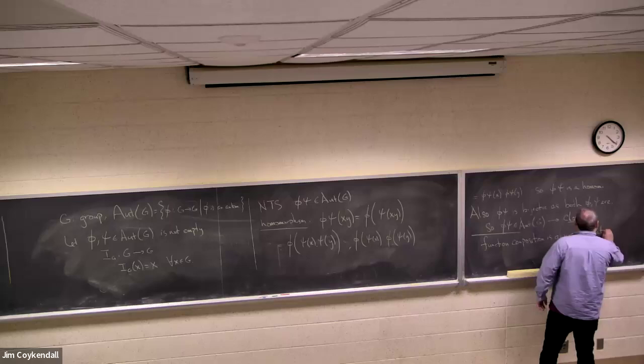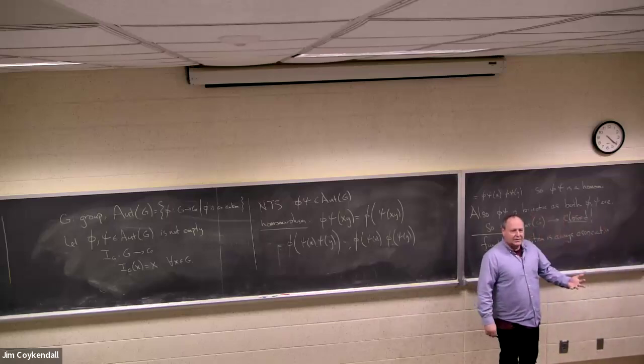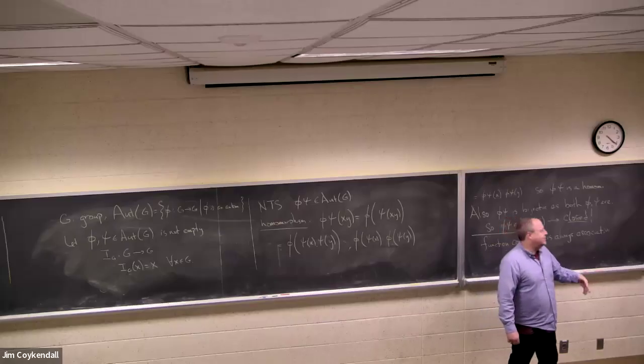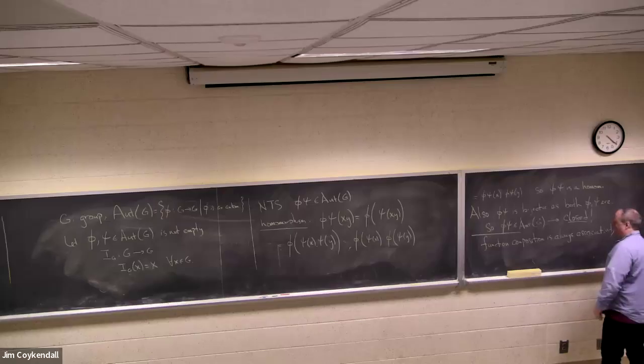You probably learned this or saw this when you did relations in 3190, when you did sets, you did relations on sets. That's where you see this. That's associativity. There we go.